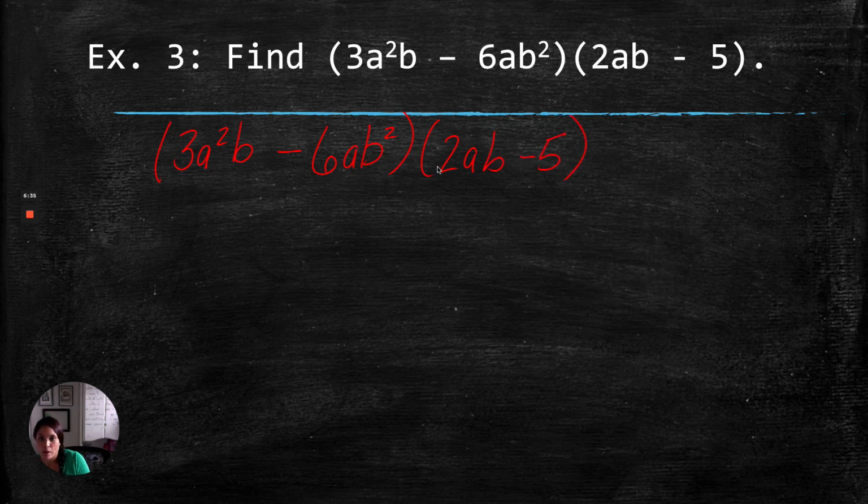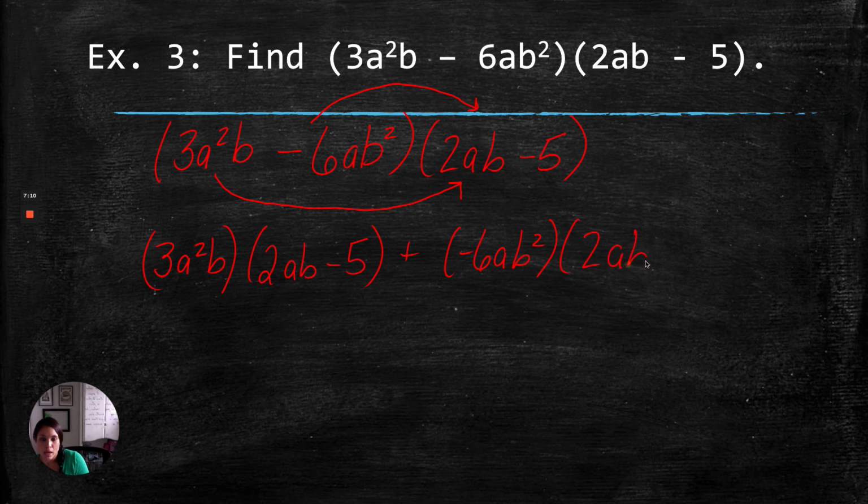Okay, so I'm going to distribute first this 3a squared b to this term, and then I'm going to distribute the negative 6ab squared second. So let's do this. 3a squared b times 2ab minus 5 plus negative 6ab squared times 2ab minus 5.